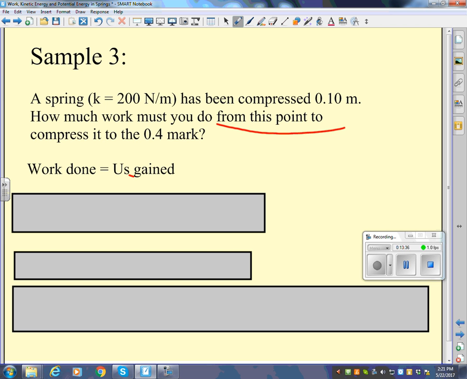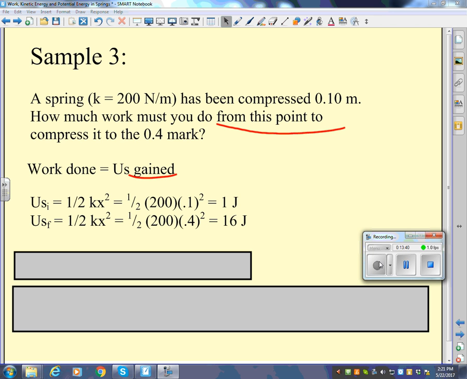So what you have to do is find out how much potential energy it has before. That's USI, initial spring energy, 1/2 kx squared.